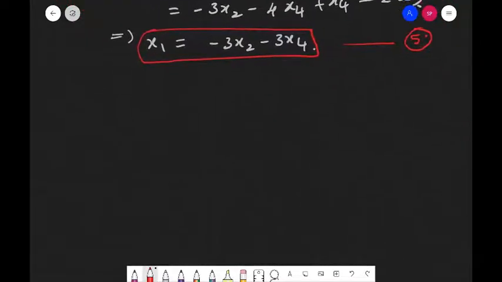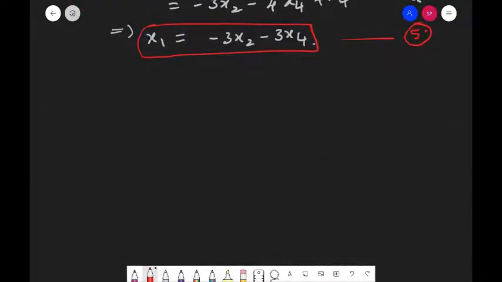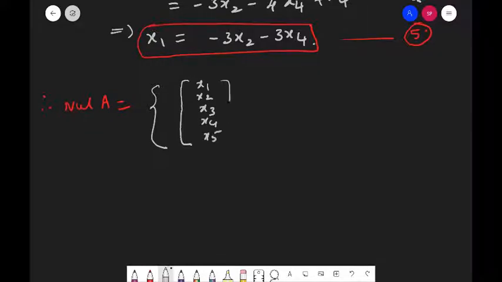Now let us write null A. Therefore, null space of A is equal to the set containing as many variables as there are columns: x1, x2, x3, x4, x5. What is x1?